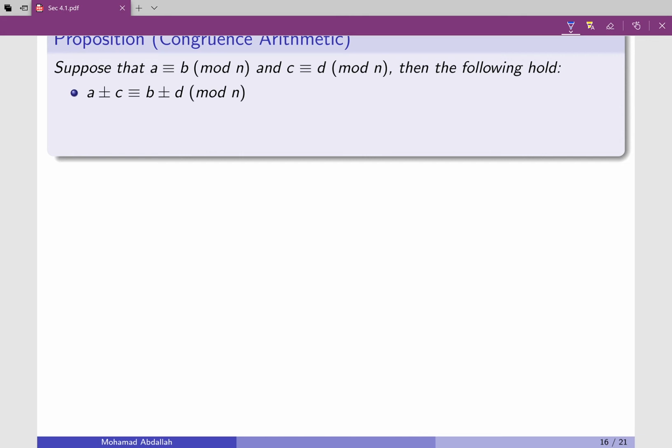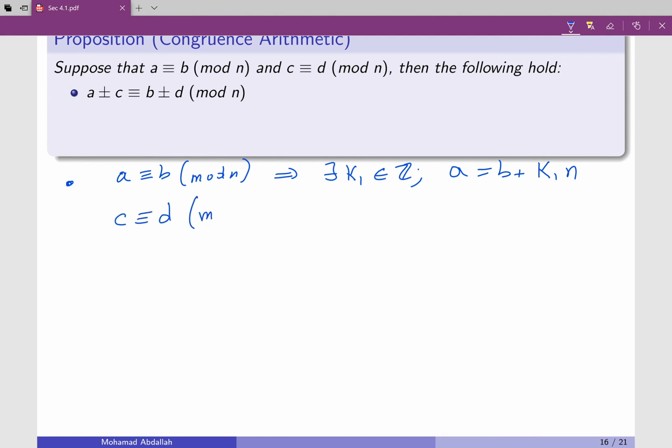Let's try to prove one of them. When I say A congruent to B mod n, I will use the following definition: there exists K1 in Z such that A equals B plus K1n. And when I say C congruent to D mod n, then there exists K2 in Z such that C equals D plus K2n.